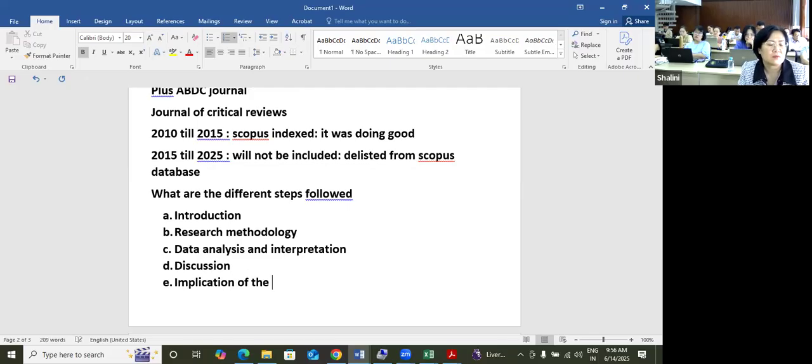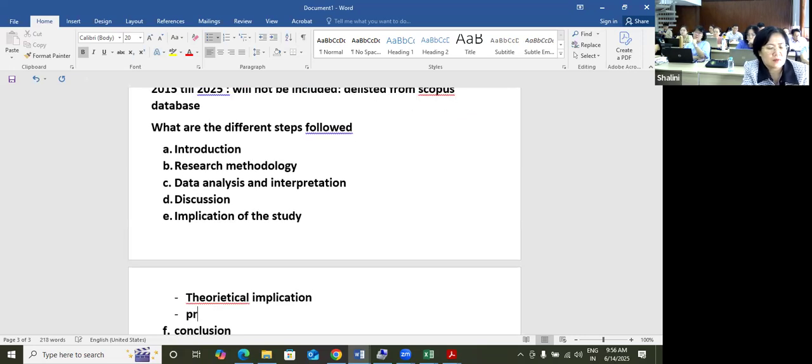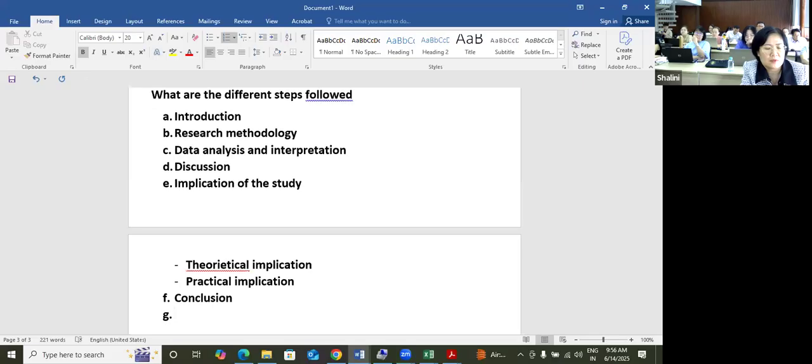And last is the conclusion. In the implication, you must mention the theoretical implication and practical implication, right? So these are the different sections. Last, of course, is the references. We all know that, so that is not important. So these are the different sections of a paper when you write the SLR.